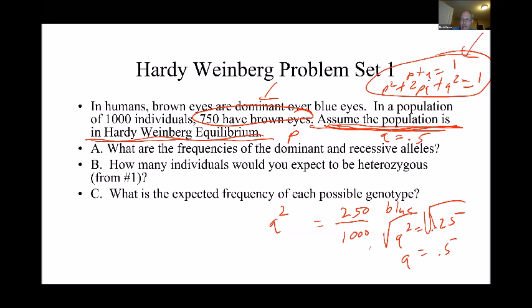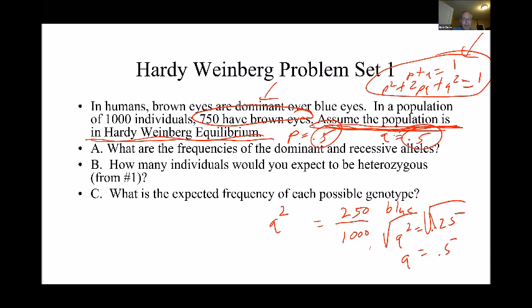If Q is 0.5, that means P also has to be 0.5, because P and Q have to add up to be 1. So our answer to part A, and I would write this out in a complete sentence, is: the frequency of the dominant allele is 0.5. The frequency of the recessive allele is also 0.5.